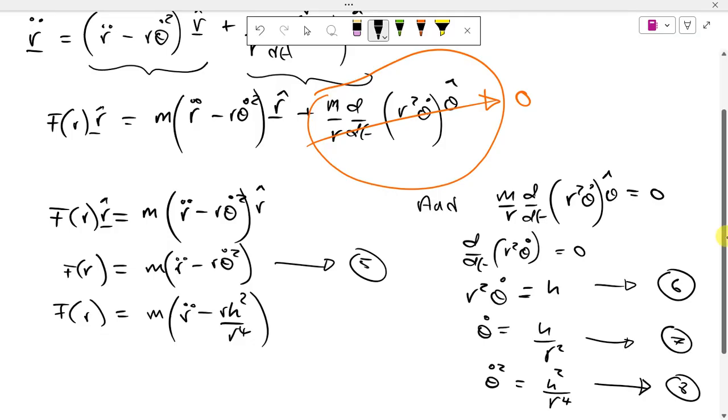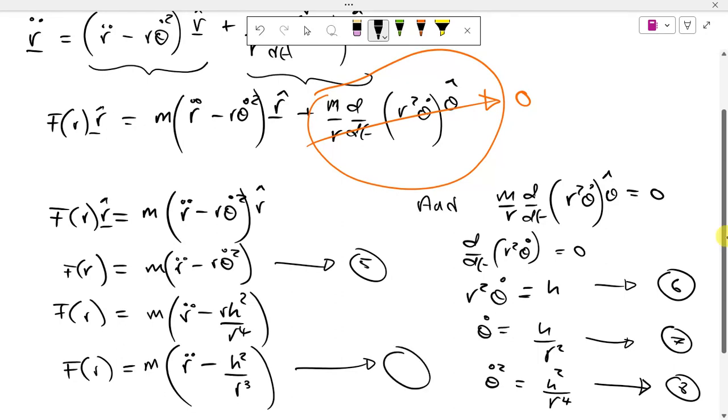And this simplifies further to f of r equal to m times r double dot minus h squared over r cubed, right? And that's a really important equation, equation 9.